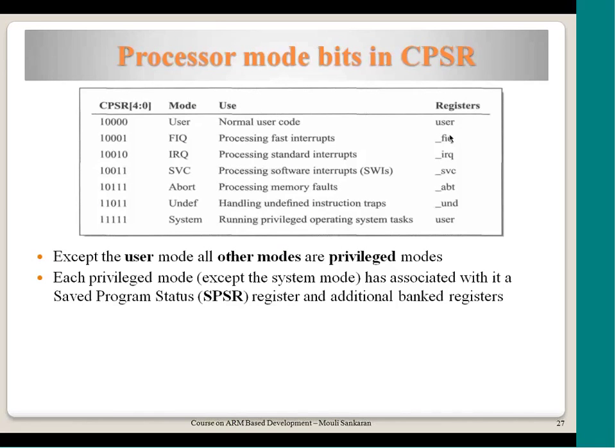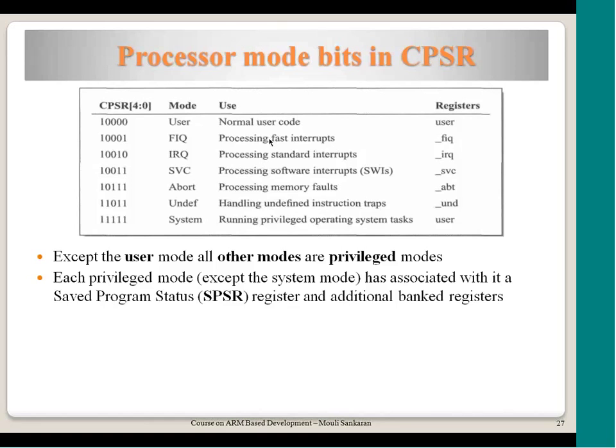When I say that in the privileged mode the CPSR can be modified, in this mode another register called SPSR, the saved program status register, is also made visible to the program. Let me give an example.